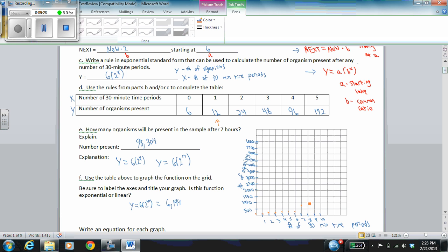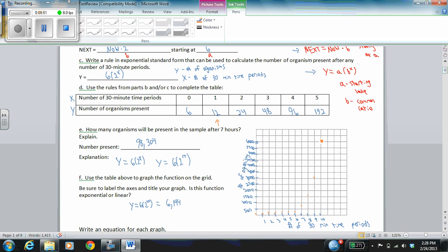So now we're above 1,500 by just a little bit. After 9, we're up to 3,072. So I go all the way up to just above 3,000. And then after 10, we're up at 6,144 as we figured out earlier. So above 6,000 up there.